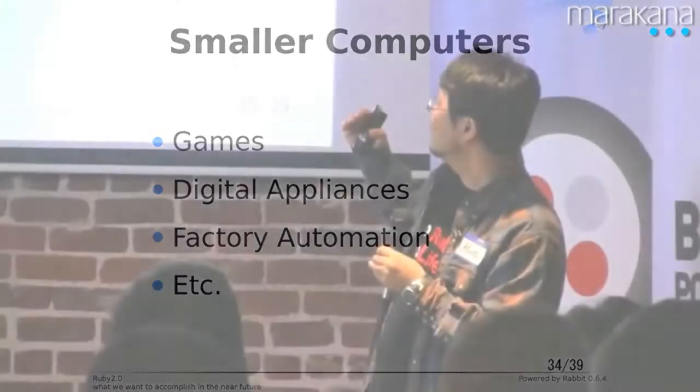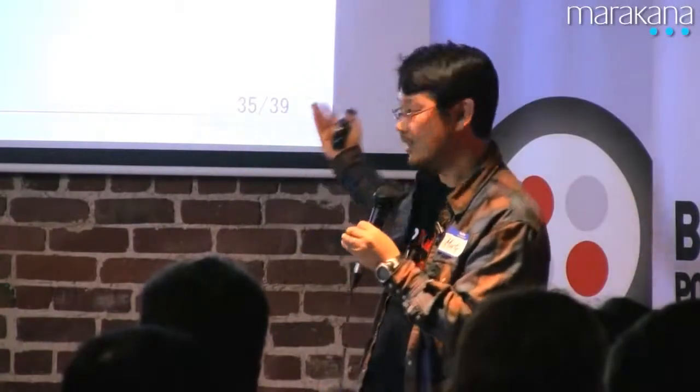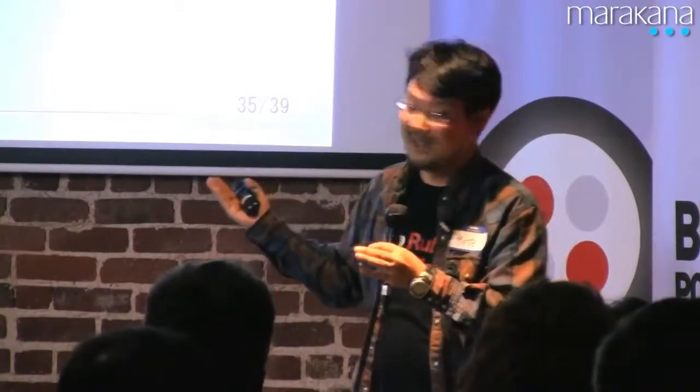And in the games industry, the platform is written in C++, and the higher level logic is written in a better language, like Lua. It's a language from Brazil. But as a language, Ruby is better, I believe.